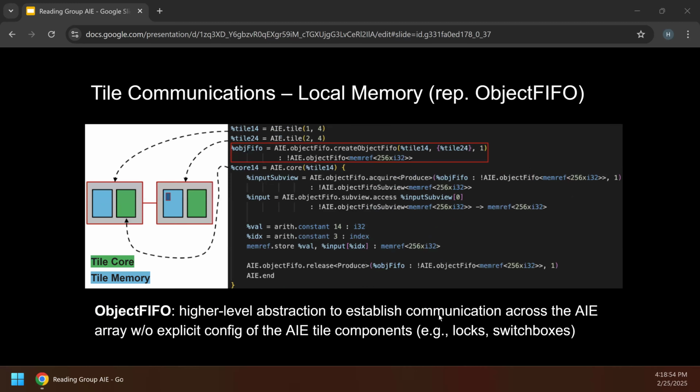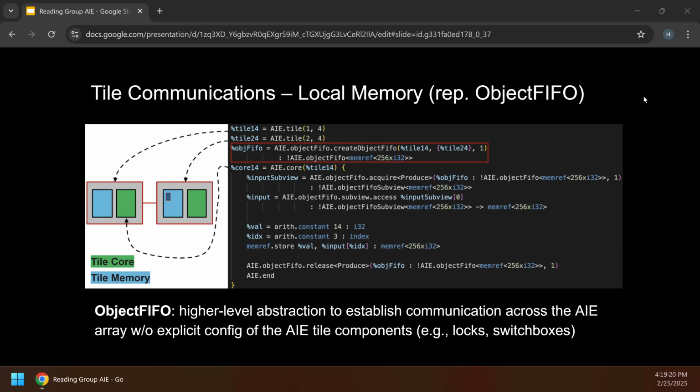So the object FIFO is the higher level abstraction, which is used to establish the communication across the AI engine array without explicit configurations of those AI engine components such as the locks, switch box, or whatever.